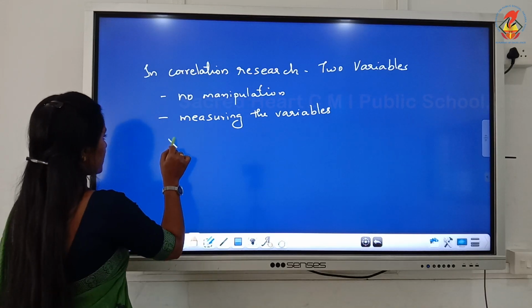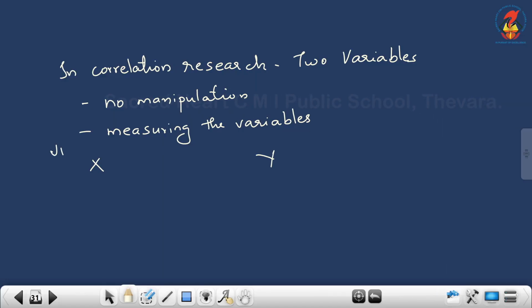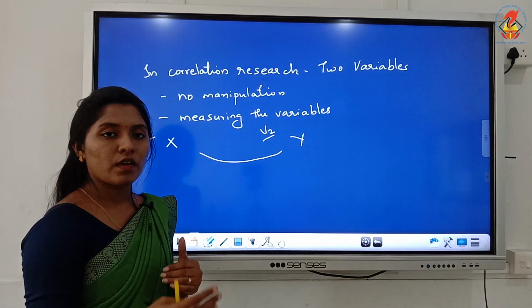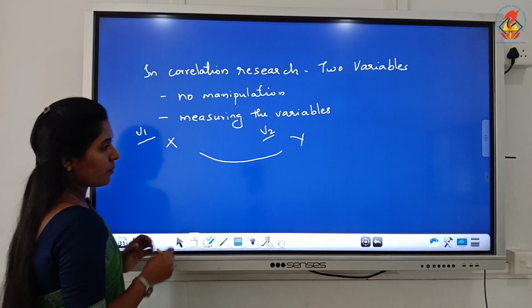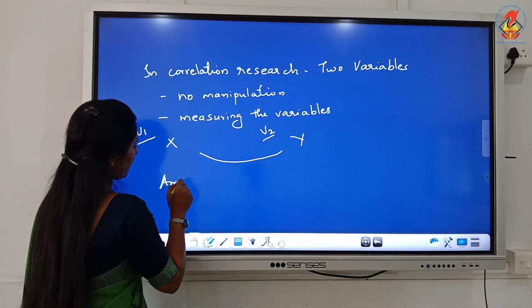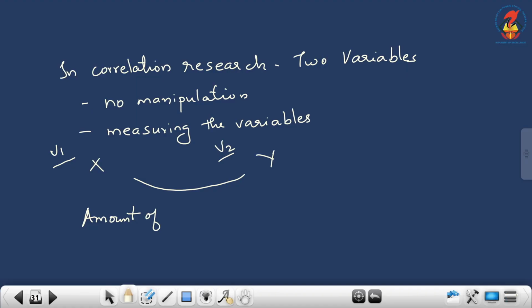Let us take x and y. Variable 1 is x and variable 2 is y. It could be anything. We try to find if there is any correlation between these two variables. Suppose we take the amount of study time and the academic achievement.